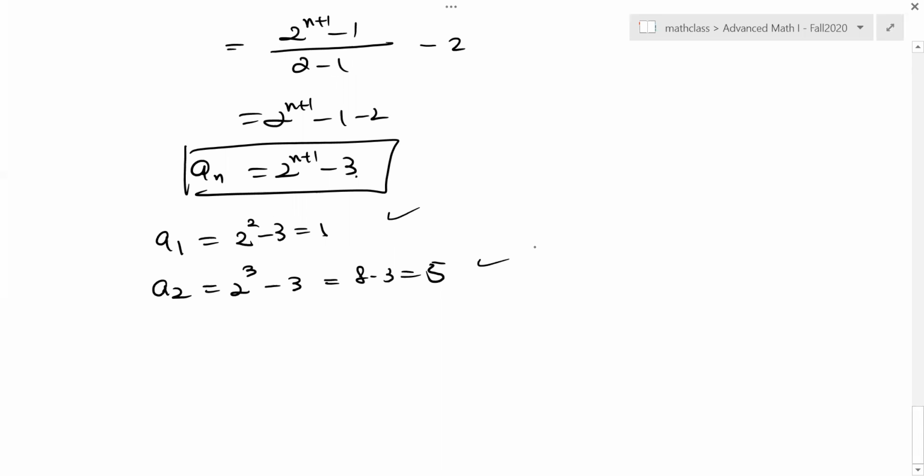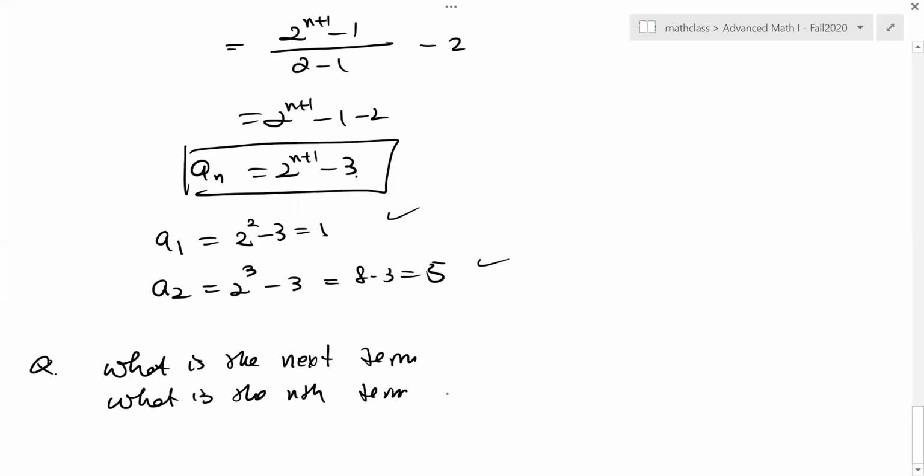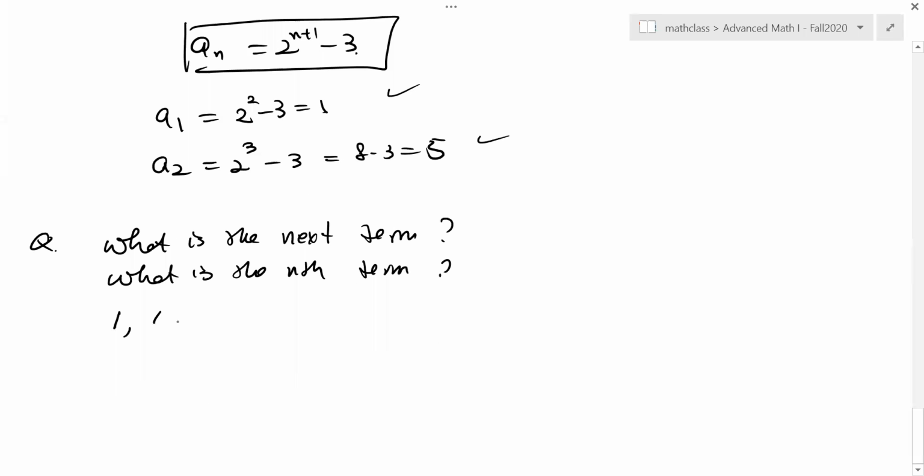Right, we're trying to find the nth term each time. So our next problem is: what is the next term and what is the nth term? We are given the following sequence, and I want you to do that.